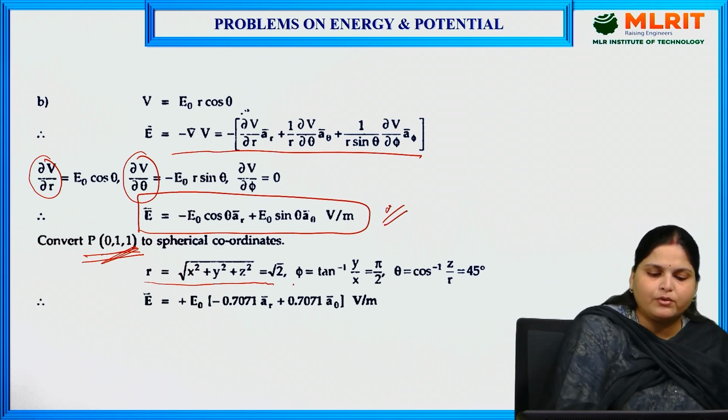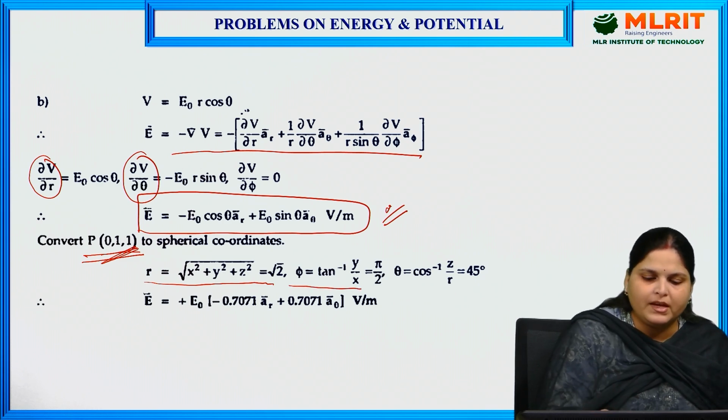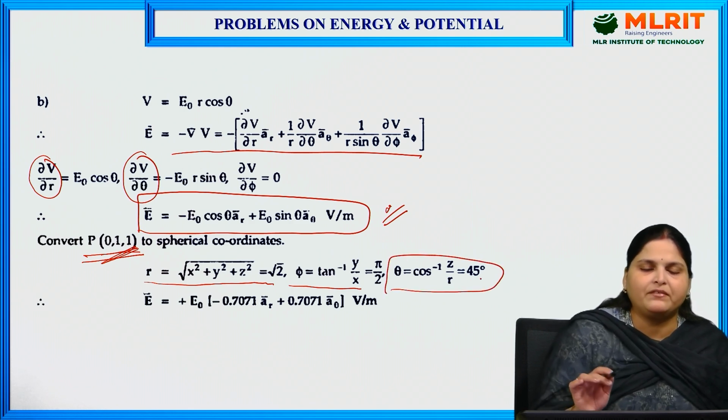Then we can calculate phi by the formula tan inverse y by x, which is pi by 2. Theta can be calculated as cos inverse z by r, which gives an angle of 45 degrees.